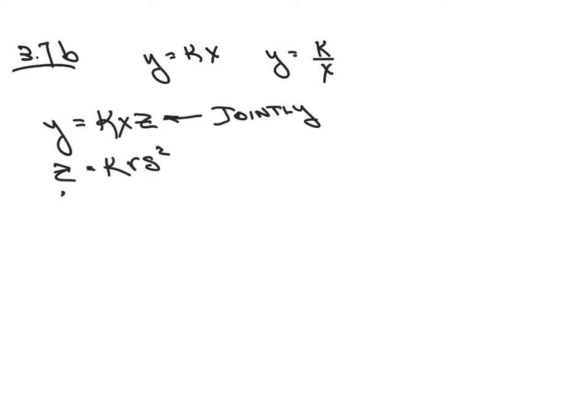Sometimes you might have something that's really goofy, like V equals kT over P. This is when, in science, you're dealing with volume, temperature, and pressure. And this says V is directly proportional to T and inversely proportional to P. So we're multiplying and dividing.